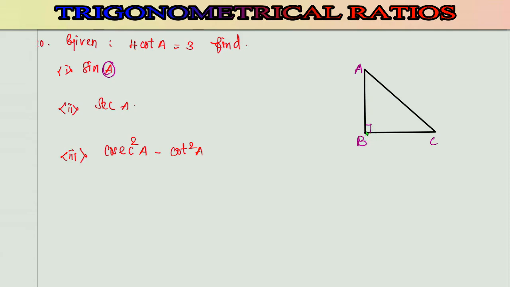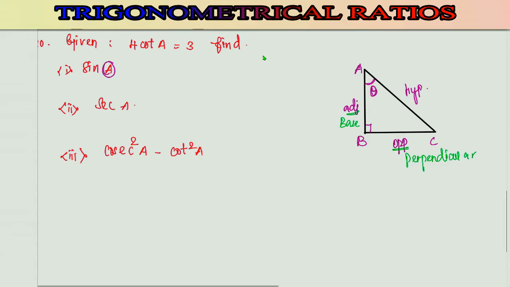Opposite to the right angle, we are going to consider this the hypotenuse side, and A is going to be the angle of reference. So I am going to mention this is theta. Opposite to this theta is the opposite side. So the leftover I am going to make the adjacent side. In this problem you can even consider the opposite side as perpendicular and the adjacent side as base. Okay, it's fine.